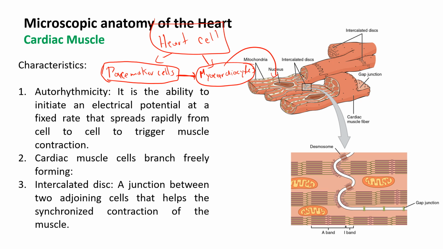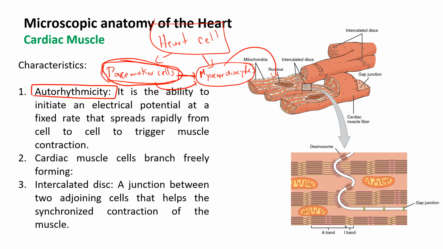You have a group of nerves that will directly stimulate the heart to reduce the heart rate. But if you remove that part of the nervous system, if you remove the nerves, in the heart itself, you have these pacemaker cells that auto-generate electrical impulses and stimulate the myocardiocytes to contract. That is what this is about.